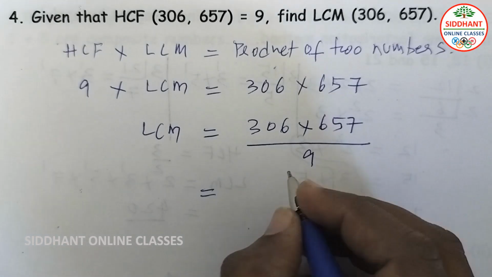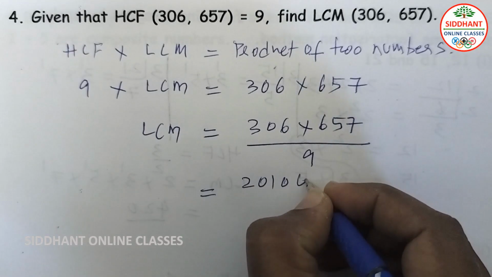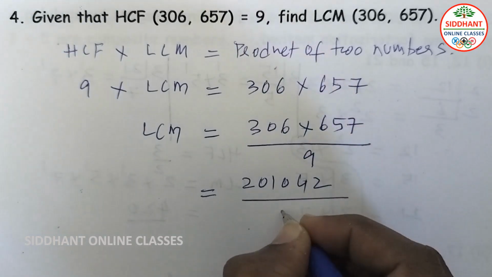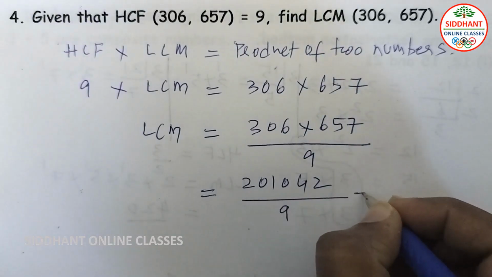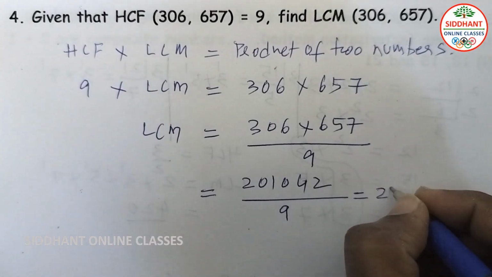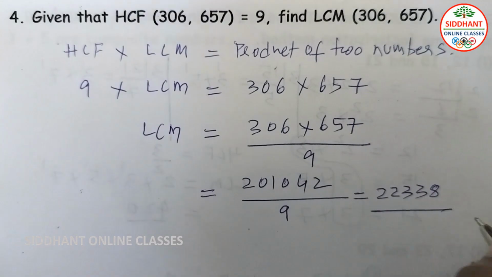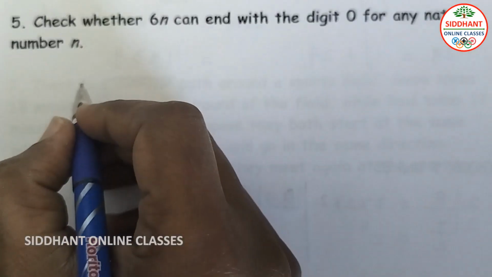That will be 201042 by 9. After simplification, we get 22338. Question number 5.